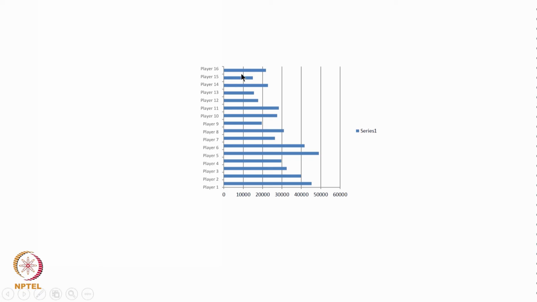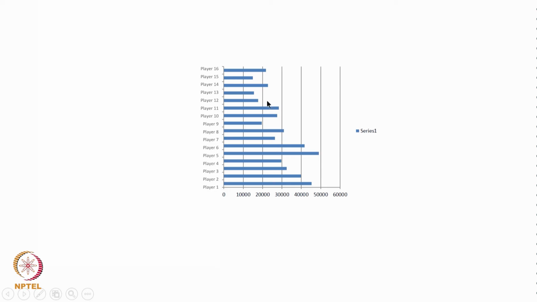Now in this, these bars represent the number that we wish to present, and this number corresponds to the categorical variable. If we take this particular player, then this bar represents the number of votes that this person has got. Now one can get a feeling that this bar chart presents the data in perhaps a slightly nicer form, where we are able to have these bars representing what we actually want to represent.